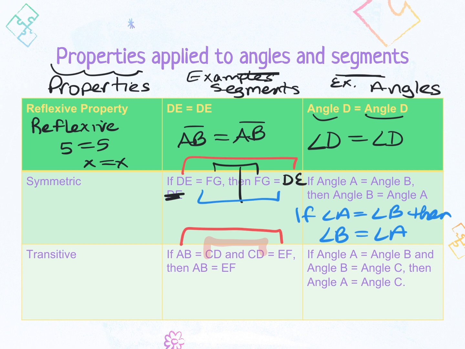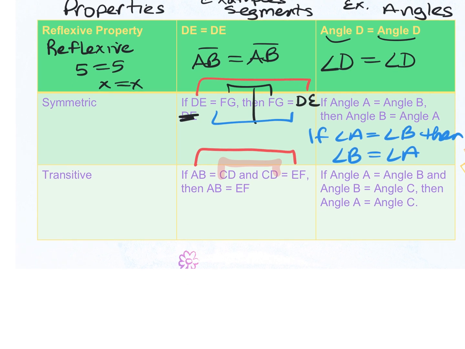Let me go ahead and draw a picture representing these segments right here. So let me draw my segment here. I'm going to start at A and then F. And then we've got B, C, D, E, and then F. So in the explanation there, it says if AB, so AB is here, if that is equal to CD, so I got the same little congruency mark.